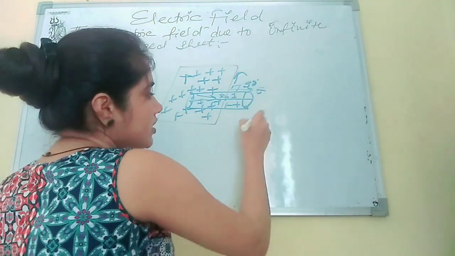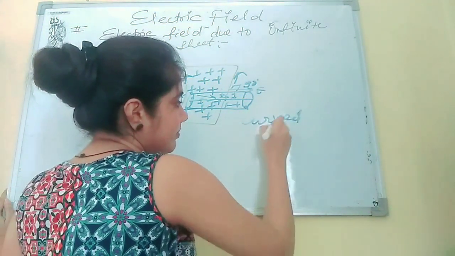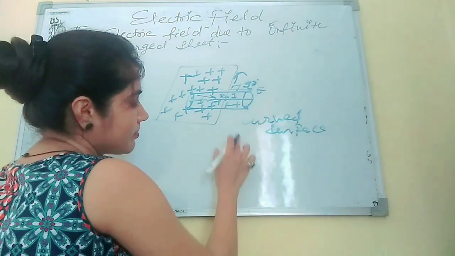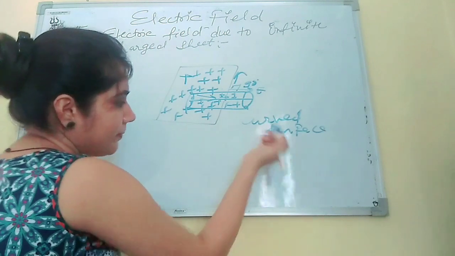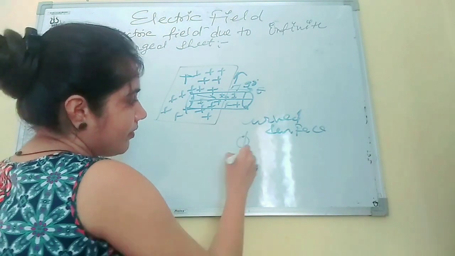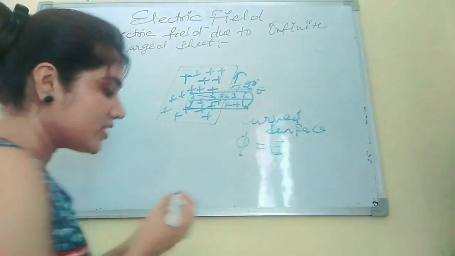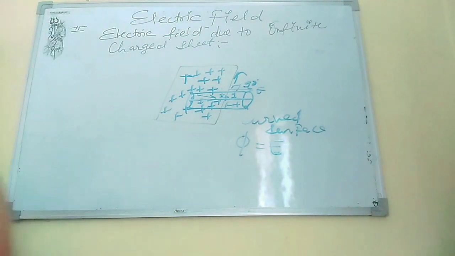So in the curved surface, the flux will be E, wait, the marker is not working. Let me change the marker.